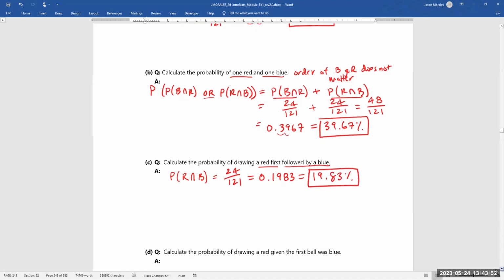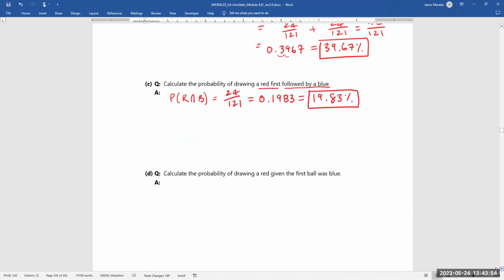Okay. So this last part, part D, is a conditional probability. Now, even though we're dealing with experiments where the events are independent, and we wouldn't normally use conditional probability for events that are independent, in this particular example, we're being forced to consider a conditional probability.